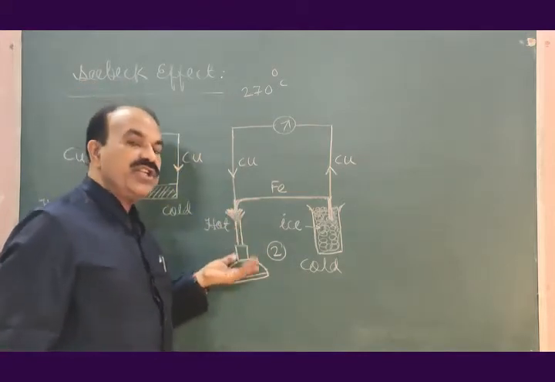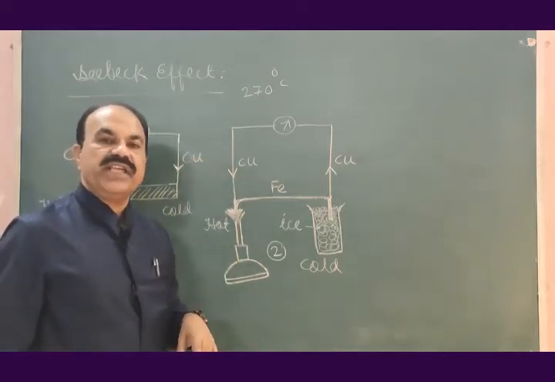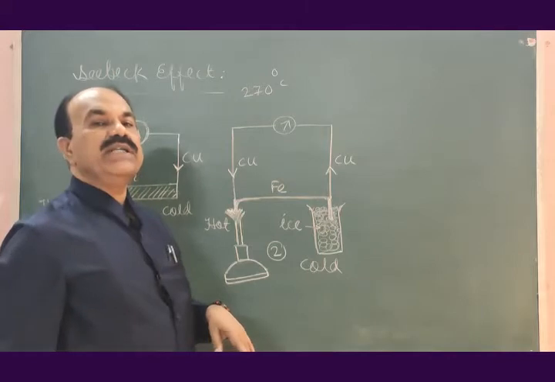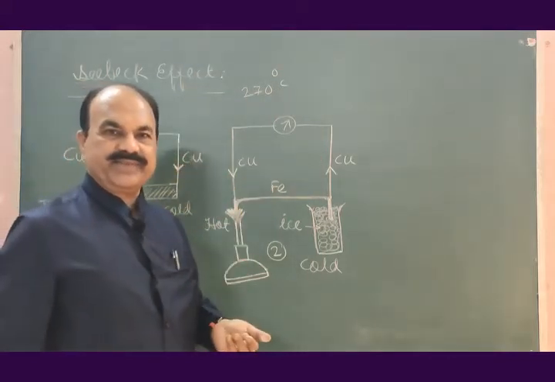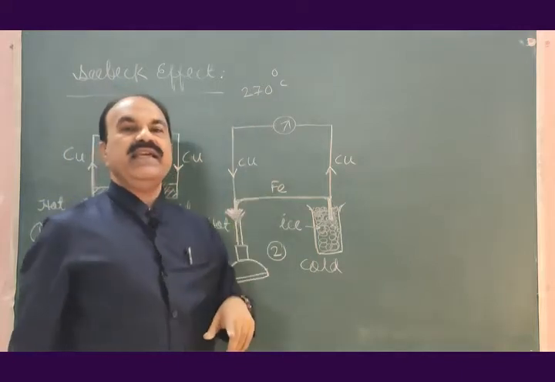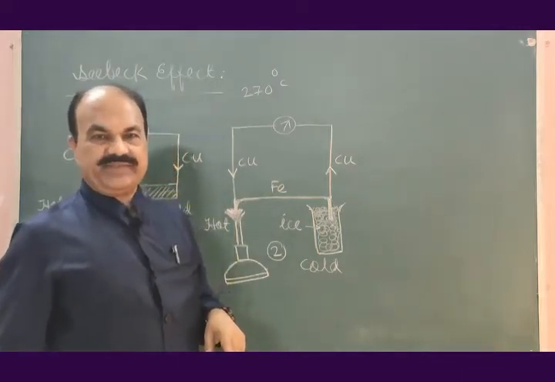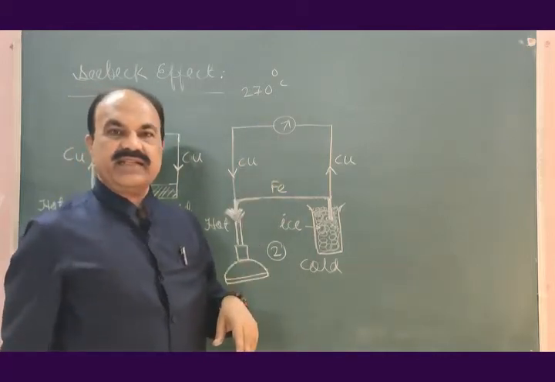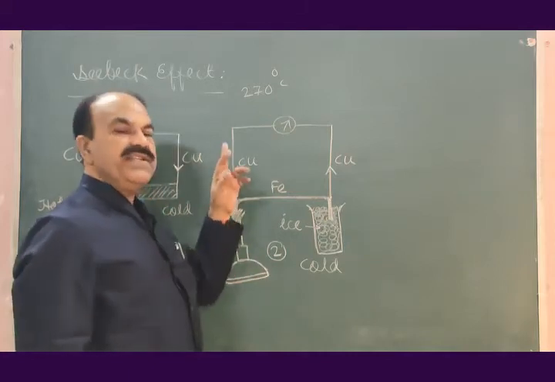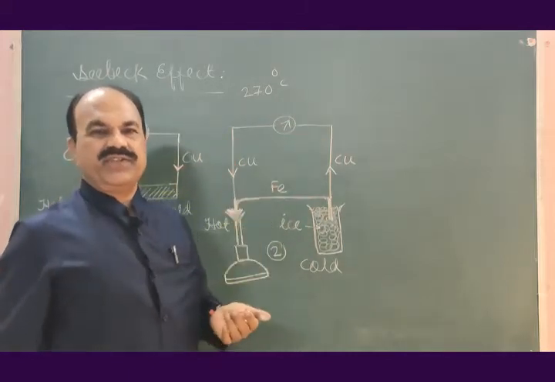If this junction is further heated continuously, Seebeck found that the current shown by the galvanometer starts decreasing. As heating is further continued, the current decreases further.